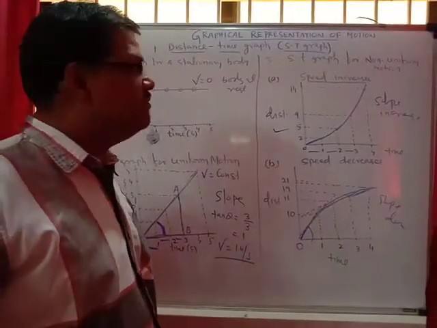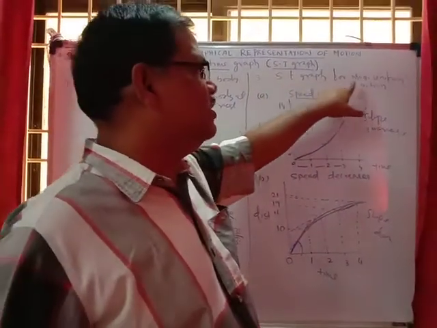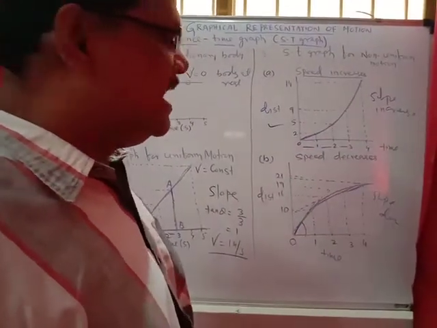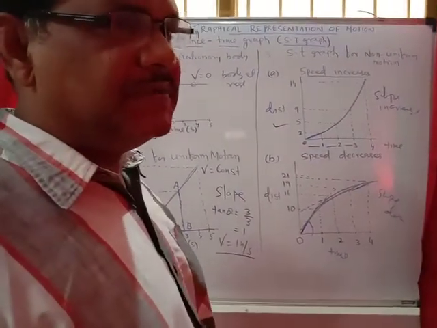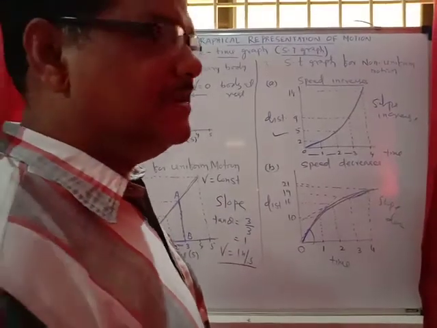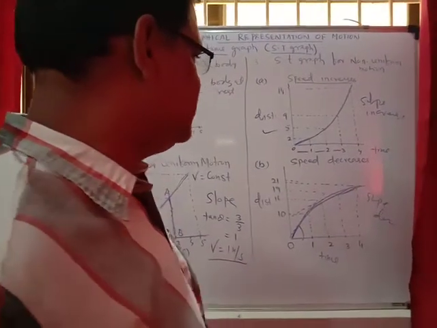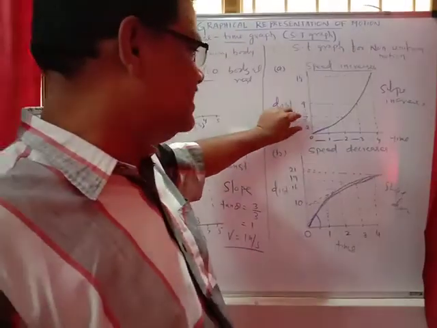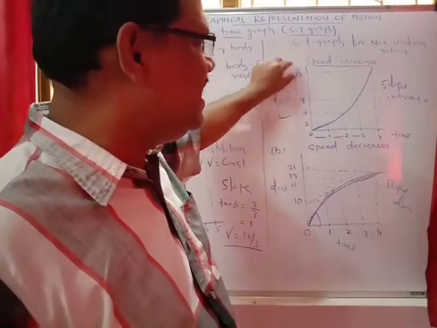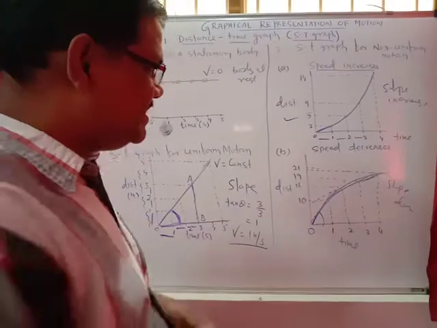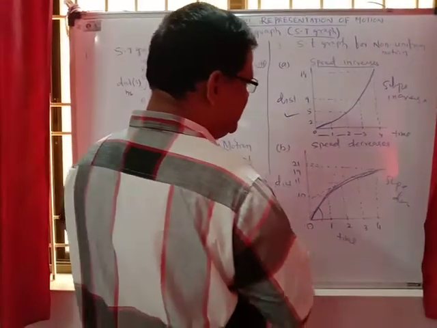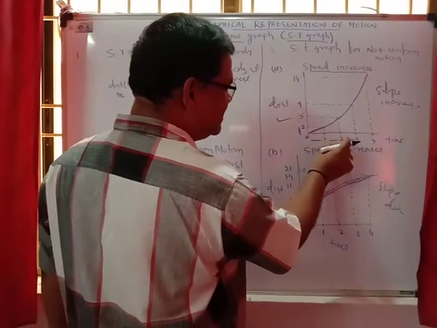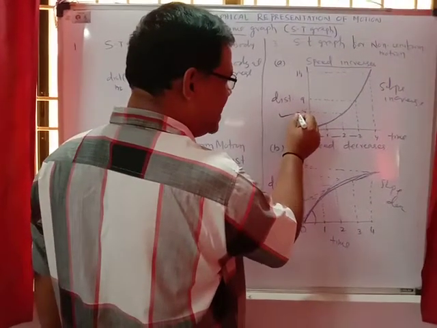Another case, you come to the ST graph for non-uniform motion. Non-uniform motion means what is happening? In equal intervals of time, the object travels unequal distances. In this case, the distance gap gradually increases. So what happens here? In a time interval of 1 second, the distance gap is 2 meter. In another time interval, the distance gap is 3 meter.